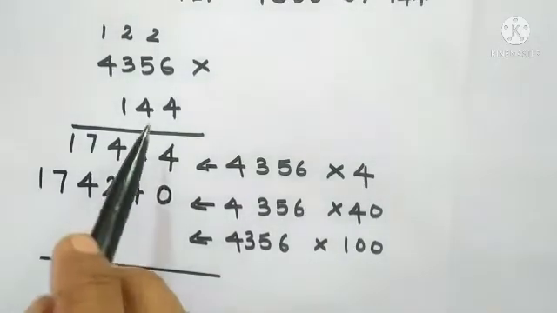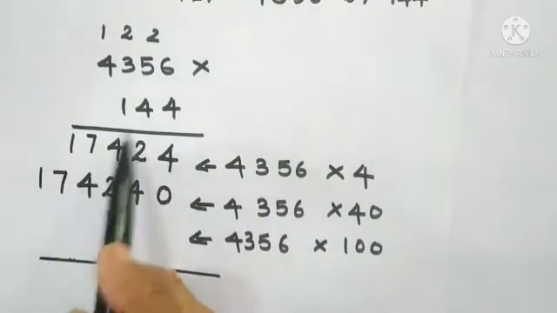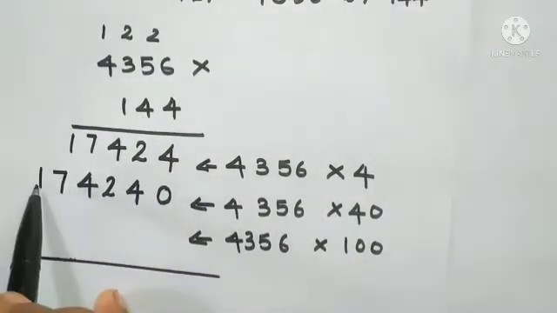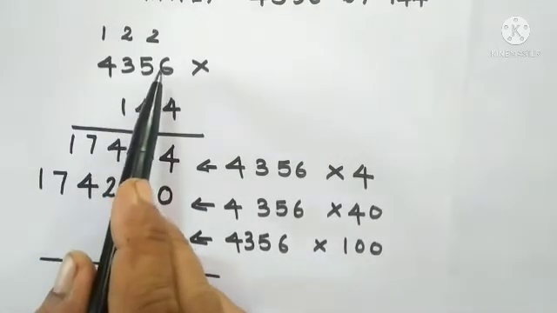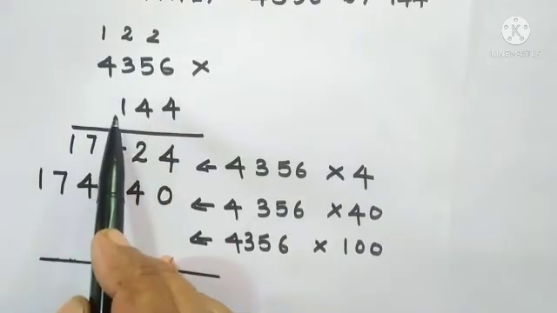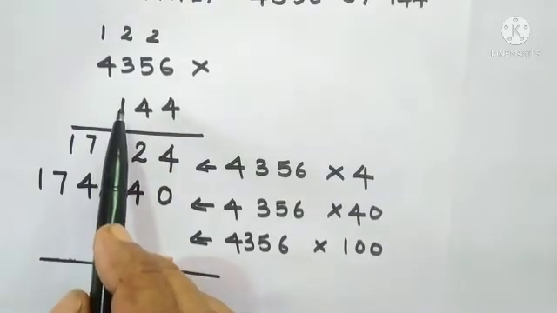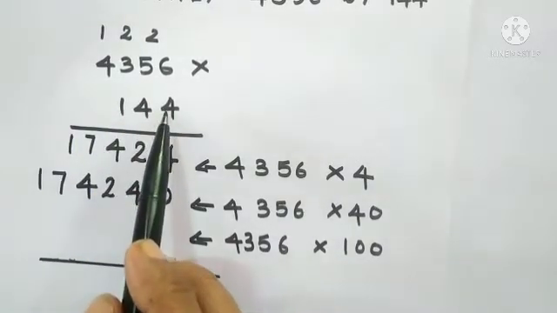Okay. Then ones place is over, tens place multiplication is over. Next place is 100. The digit is 1. So we will multiply this number with this 1. Actually we multiply with 100.